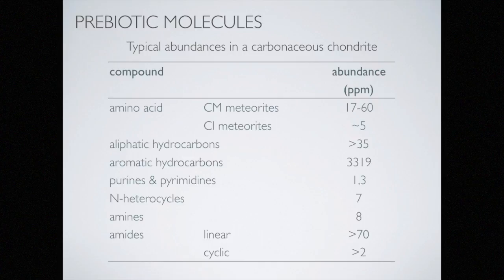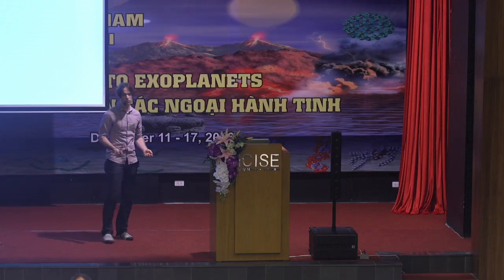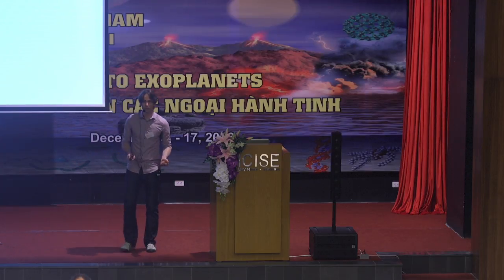So this is great. This is just a typical list. This is by no means exhaustive. The list is much longer than this. I don't do this, but many others have done this kind of research. So that's fun. We have these prebiotic molecules available in meteorites, but to me, there is a big elephant in the room.